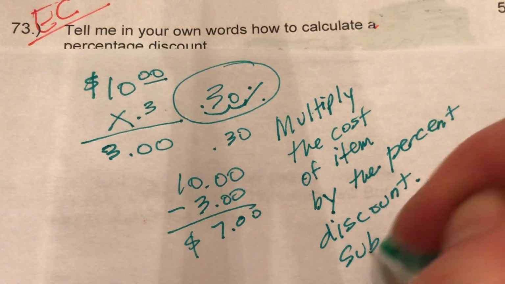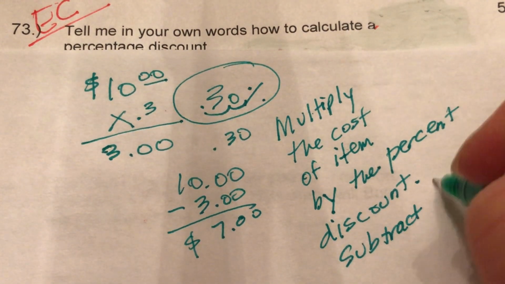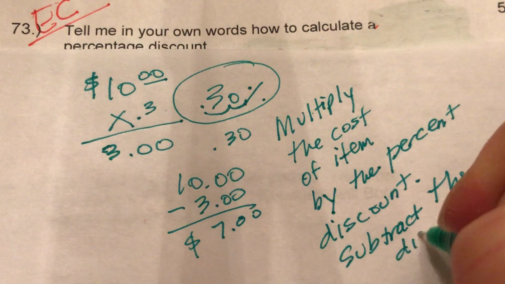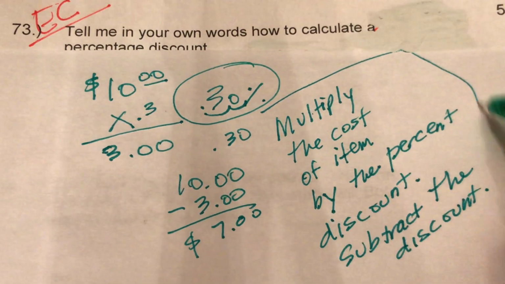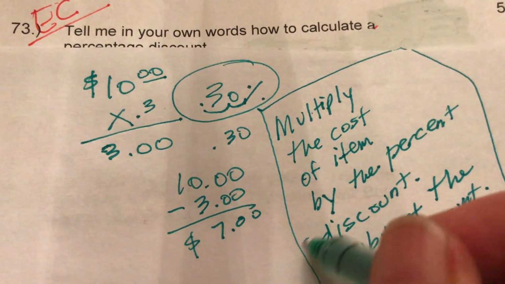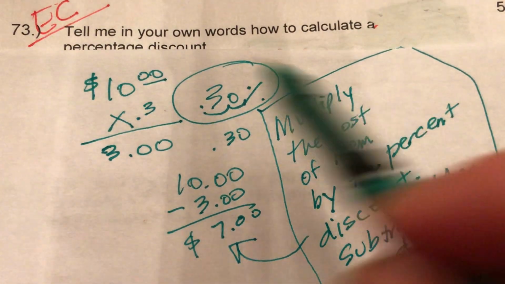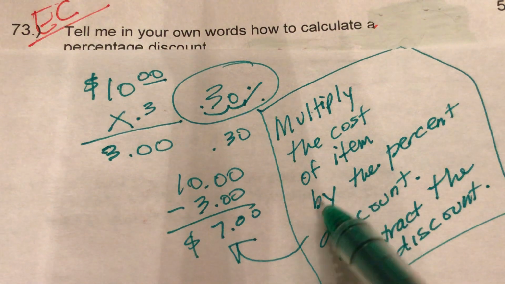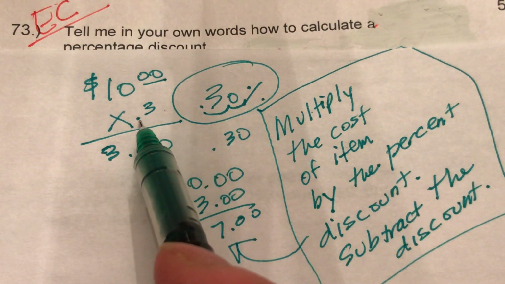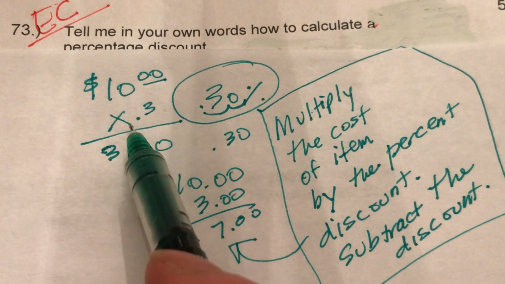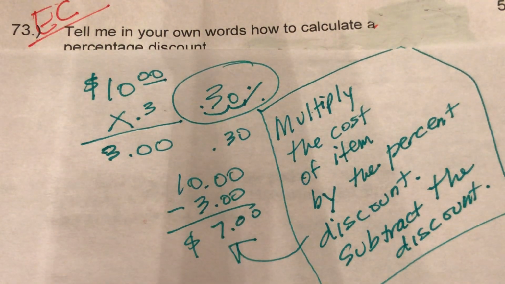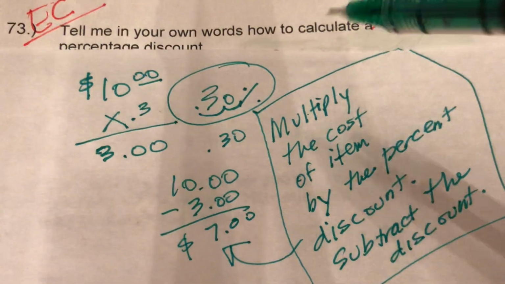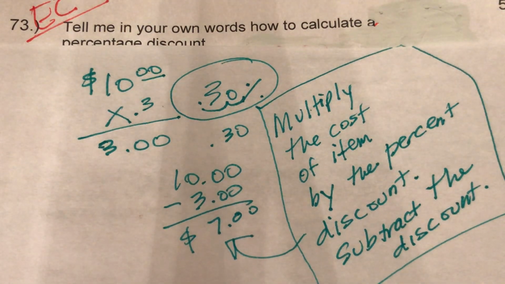Then subtract the discount. Subtract that $3. Okay, so if you can understand that, it's kind of like what we just did. Multiply the cost of the item by the percent discount, which would be your decimal, 0.3, and then subtract the discount amount, which is $3. Okay, so hopefully you guys understand that.